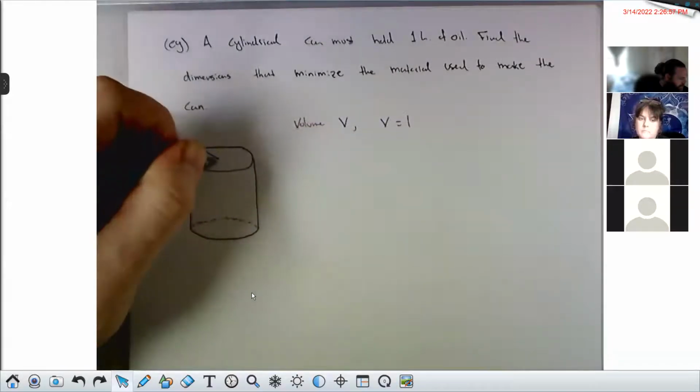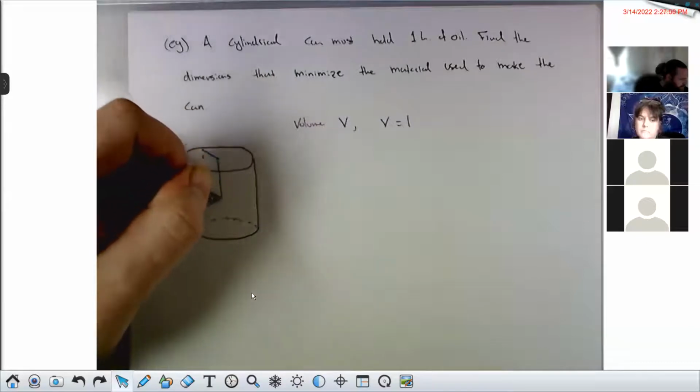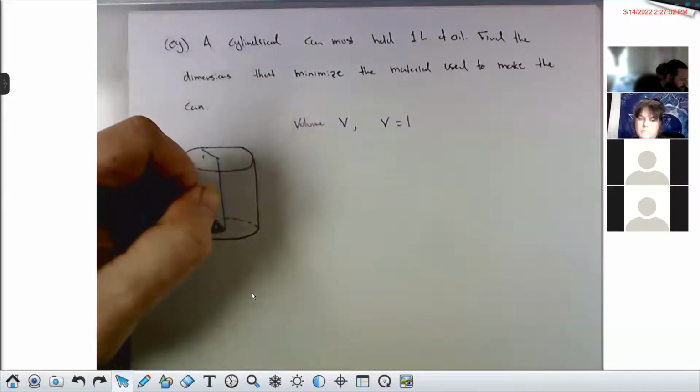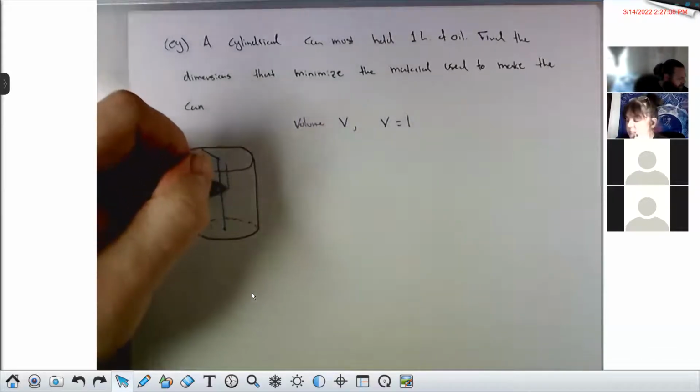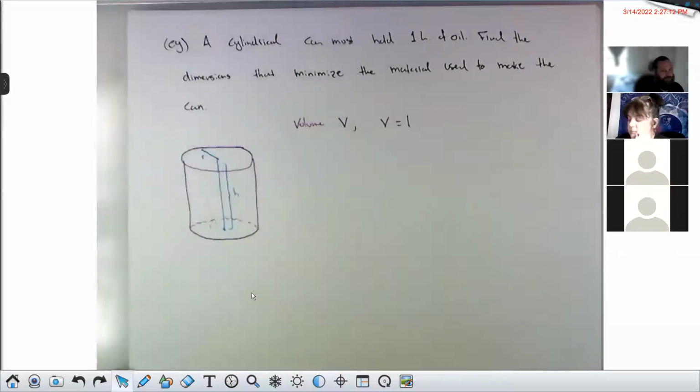The radius of the can. Right, and that's the same radius down here. And also the height of the can. Because the way you find the volume of a cylinder is in terms of these guys, right?